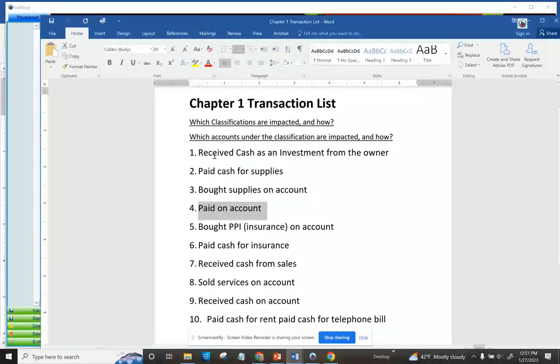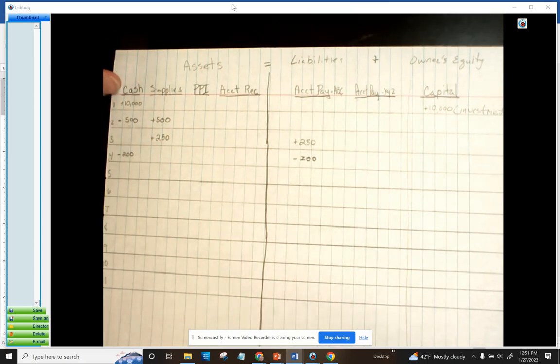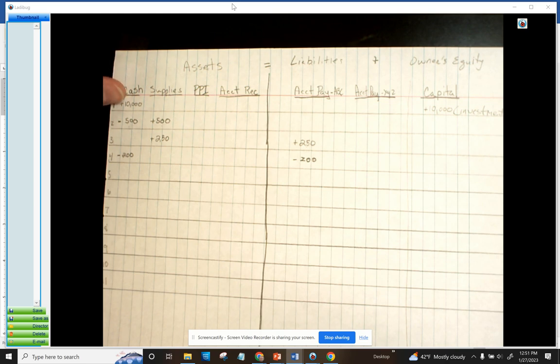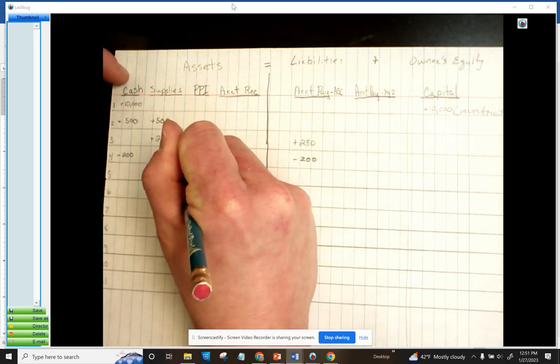All right. This is one that we didn't really have in the class, but I thought I'd mix it up. We usually buy the insurance with cash, but let's just say we bought insurance, prepaid insurance. You can just shorten it as PPI. We bought it on account from the insurance company. We bought it on account. Okay, and we're just going to mail it to them later. So we bought insurance. Let's say we bought a year's worth of insurance, $100 a month. That's $1,200 worth of insurance.